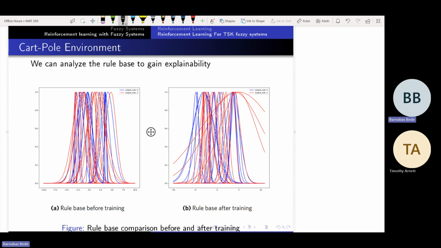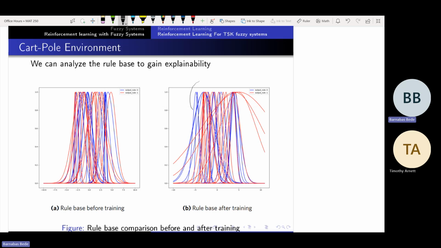It's hard to see any distinction between these, but this is before training and this is after training. So what happened here? Before training, the rules are pretty uniformly distributed, so there is no clear direction you can observe. But after training, output rule 0 is going left and output rule 1 is going right.